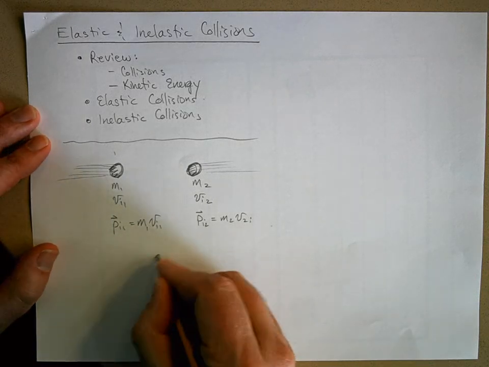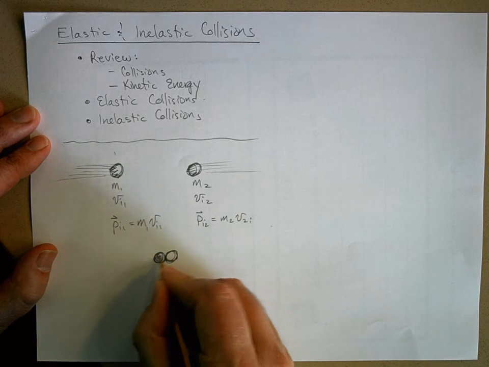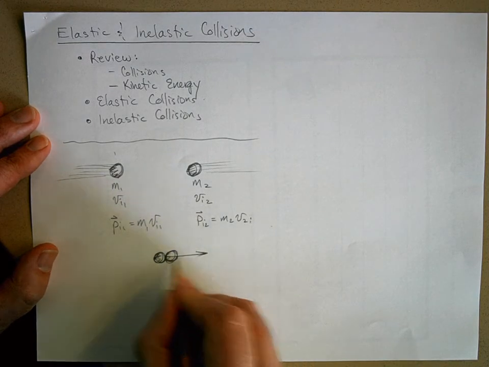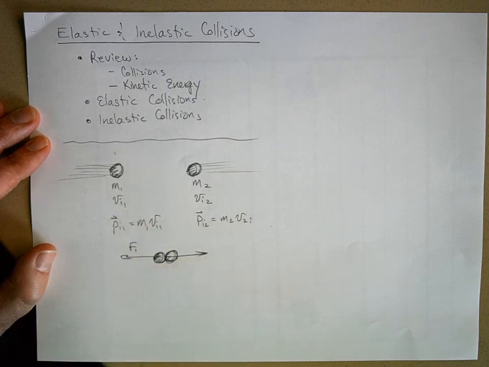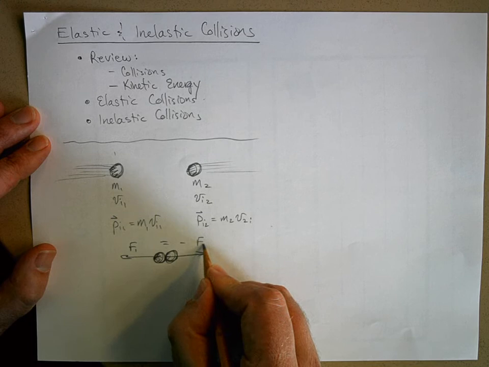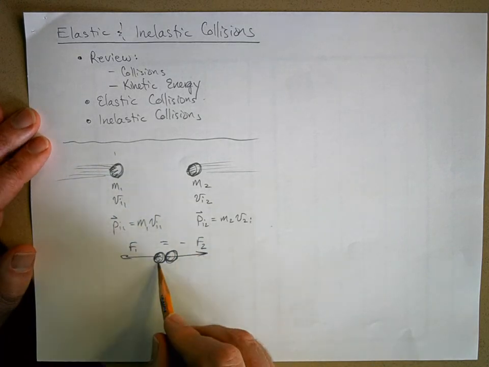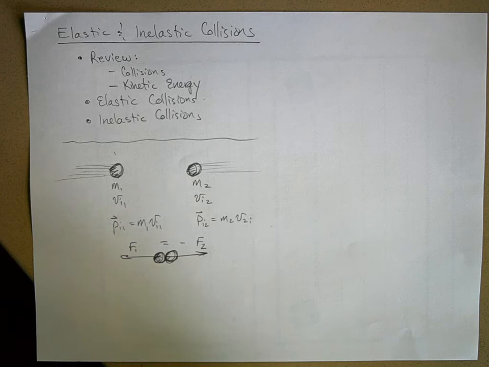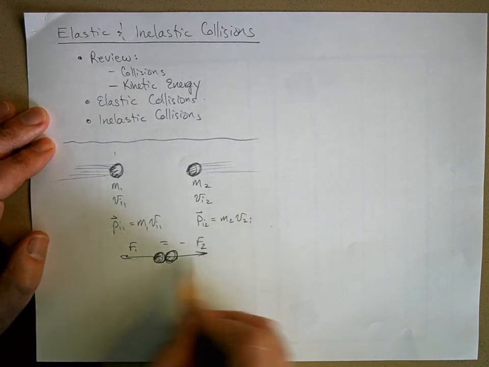So when these guys collide, and we've done this several times, I don't want to do it over too many times in a row, but while they're colliding, they're applying equal and opposite forces to each other. Here's the force on object 1 due to object 2, equal but in the opposite direction to the force on object 2 from hitting object 1. Newton's third law says they apply forces equal in magnitude and opposite in direction.